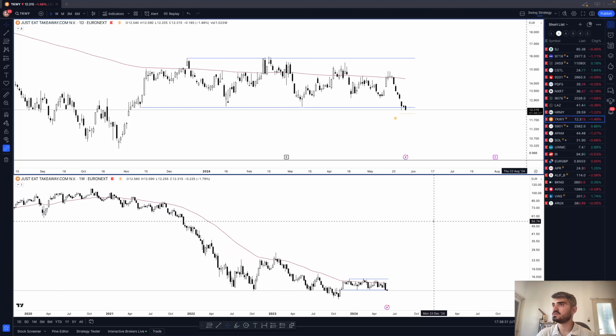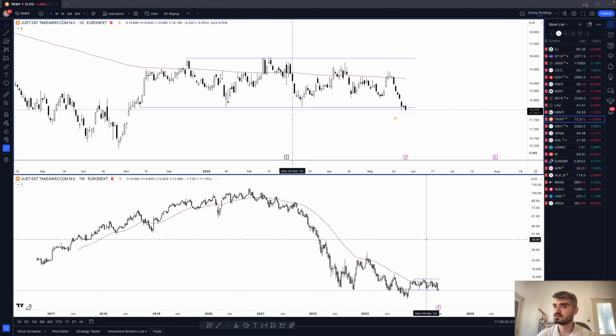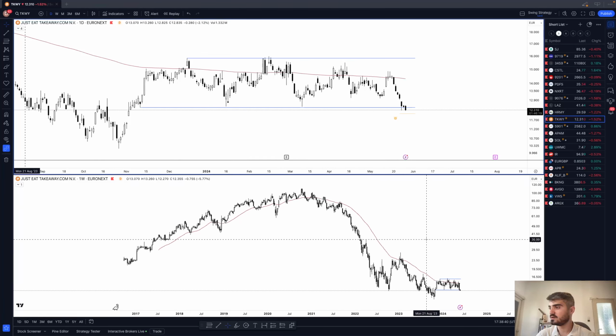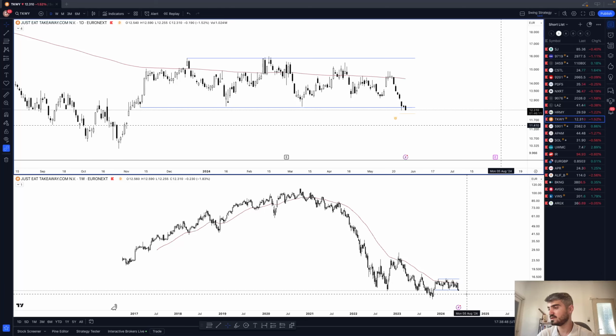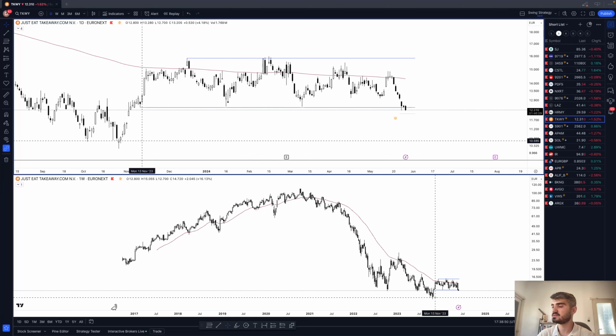TKWY, so it's another well-defined rectangle, but the one thing that I'm not so happy about, and it's a bias, I know that, is that the stock is very much oversold. Okay, so it's at its all-time lows.